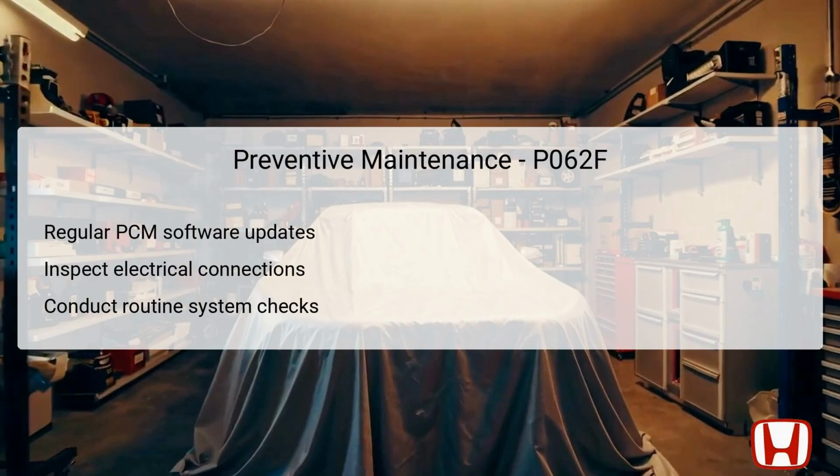Additionally, conducting routine system checks can help identify potential problems early, preventing costly repairs in the future. By implementing these preventive measures, vehicle owners can significantly reduce the likelihood of encountering DTC P062F or similar issues down the line.